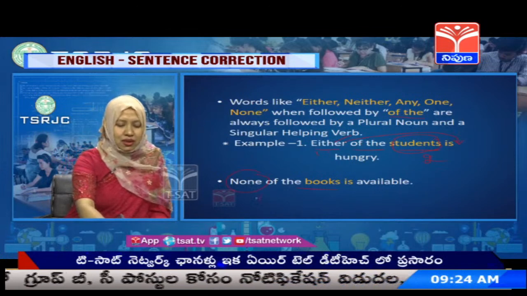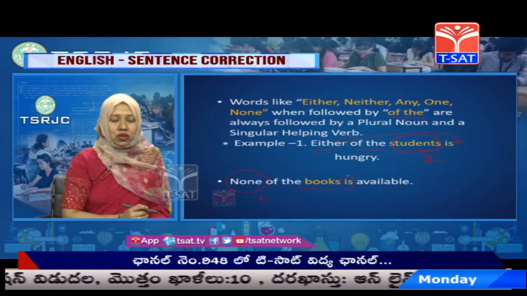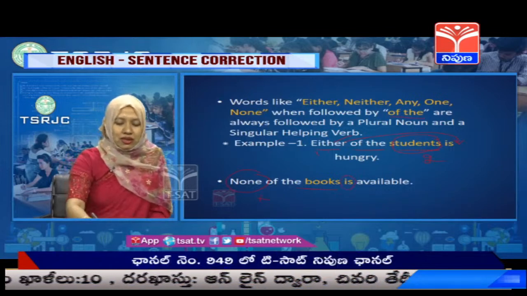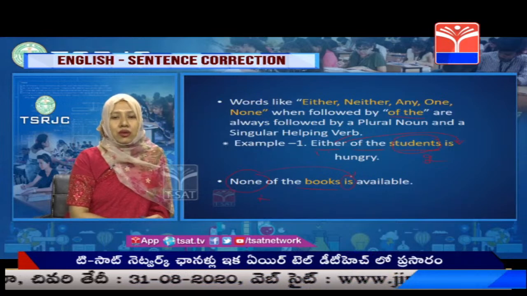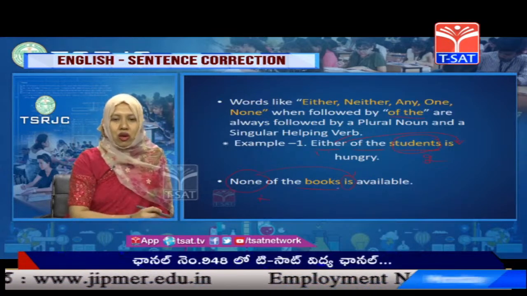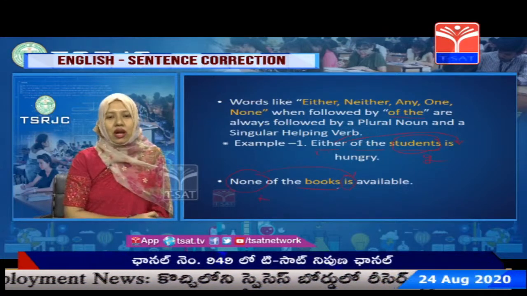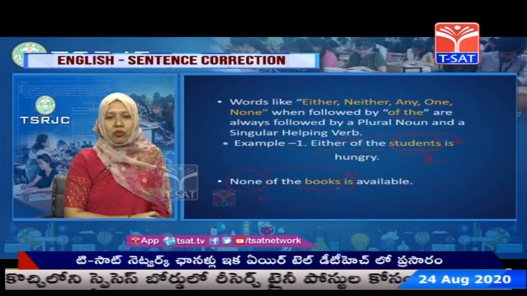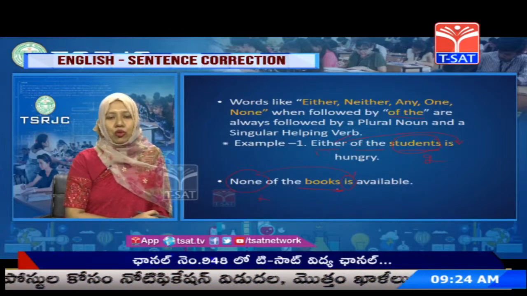So none means nothing. One book also is not available. So that's why along with a singular subject you use a singular helping verb, none of the books. Whichever book you want, out of so many books, one book also is not available in the shop. None of the books. Here always the noun should be plural.